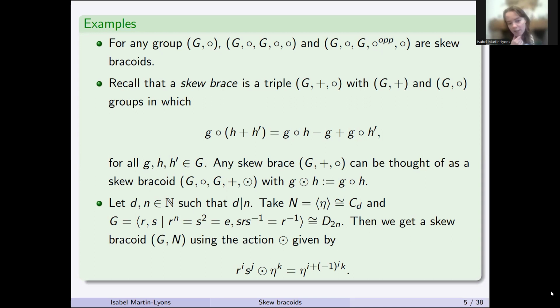Then we get a skew bracoid using this action: we set r^i s^j acting on η^k to be η^(i + (−1)^j k). So in this skew bracoid, the action somehow mimics the multiplicative operation. This isn't always the case, but I think it's quite a nice family of examples and we can do a fair amount with it.